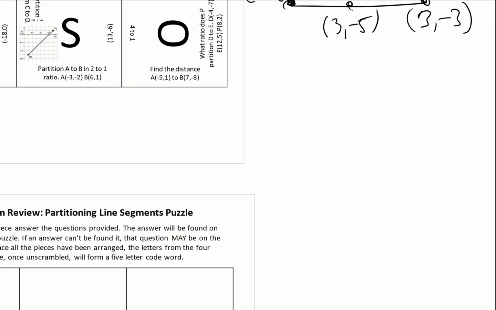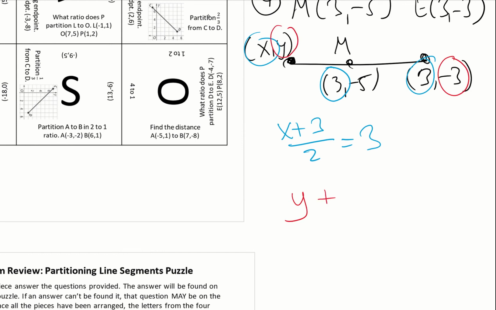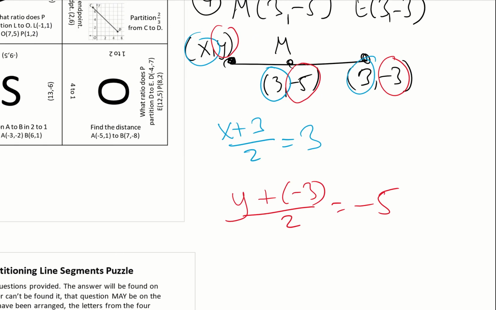So again, we're going to average the x coordinates first. So x plus 3 divided by 2 is equal to the midpoint. And average the y coordinates. Y plus -3 over 2 equals the y coordinate here. And then we'll solve it. Times 2 on both sides.